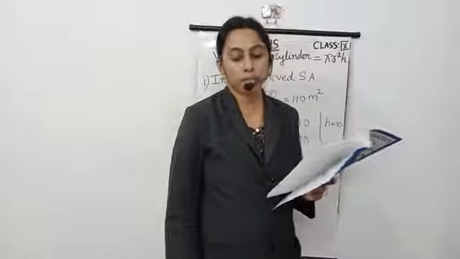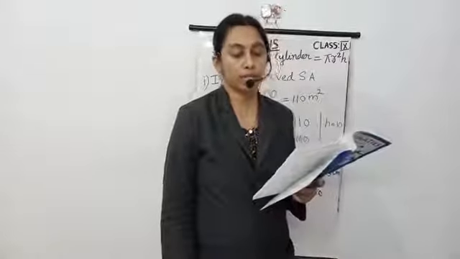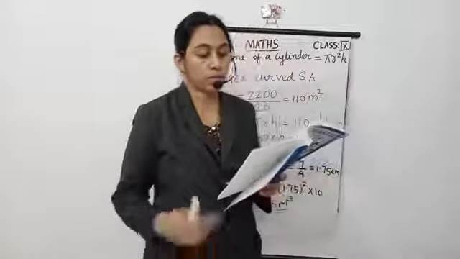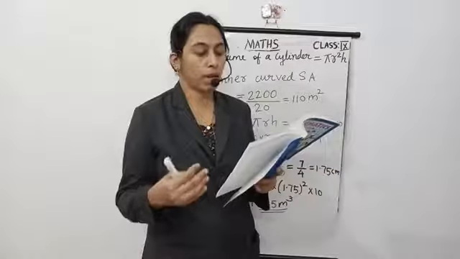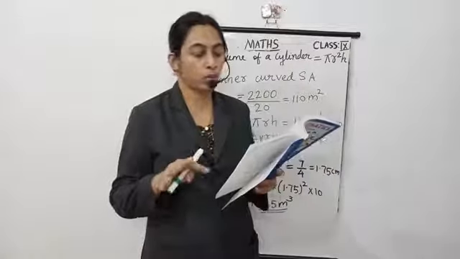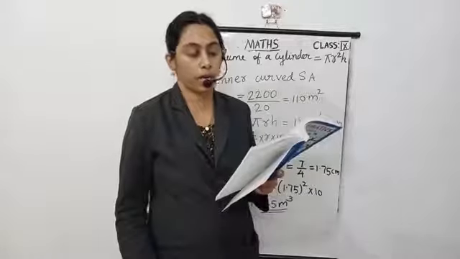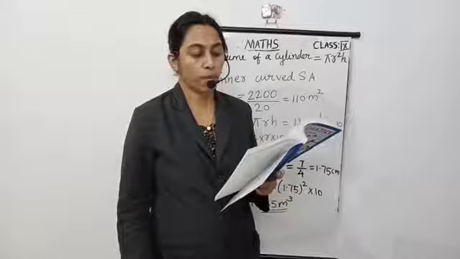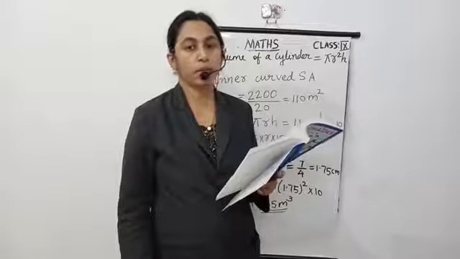That 10 meter deep means the height of the cylinder, and its inner curved surface area needs to be painted. Its cost is 2200 rupees, at the rate of rupees 20 per meter square.